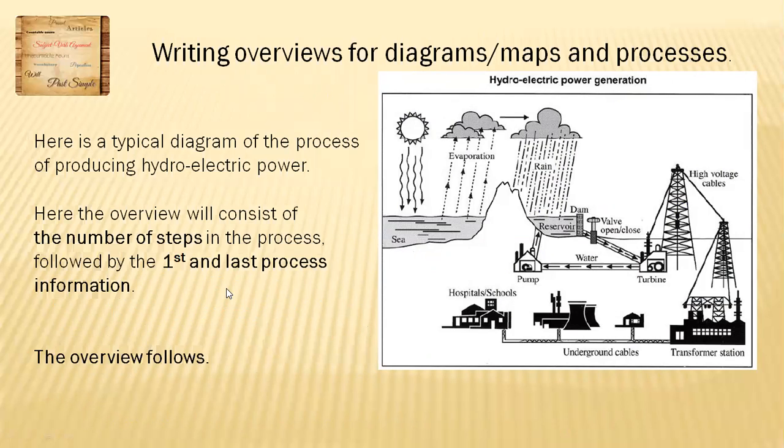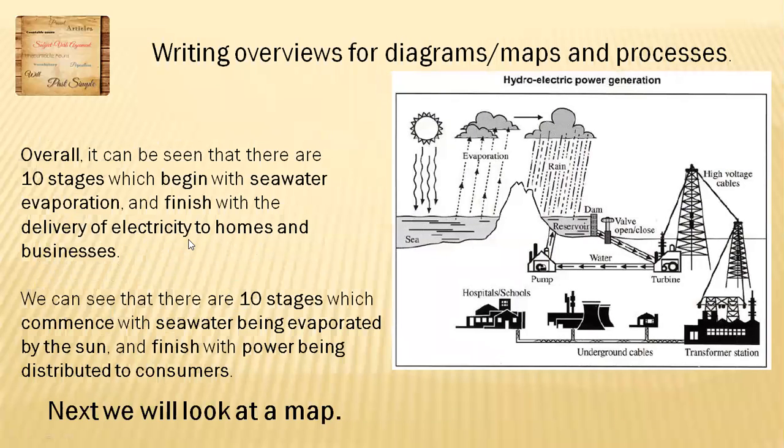Okay, so we can see, overall, it can be seen that there are 10 stages which begin with seawater evaporation, and finish with the delivery of electricity to homes and businesses.